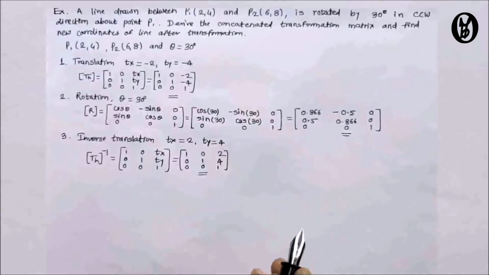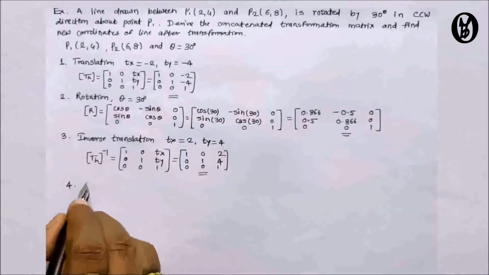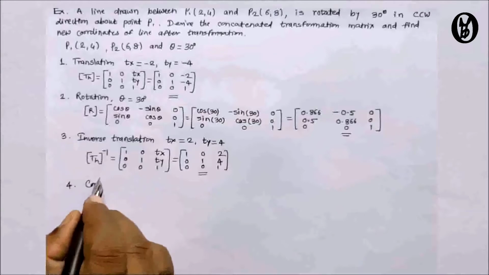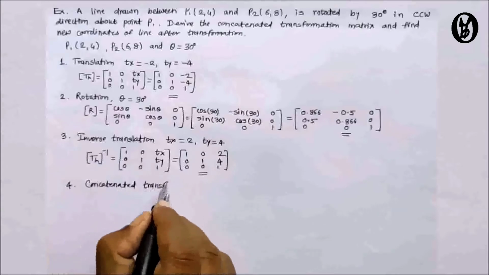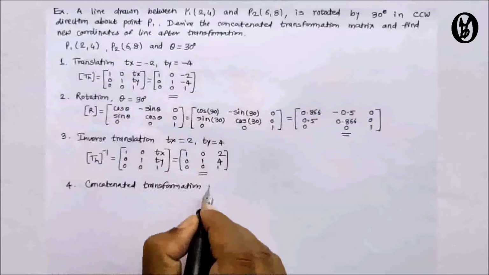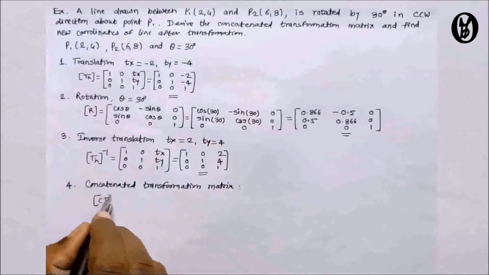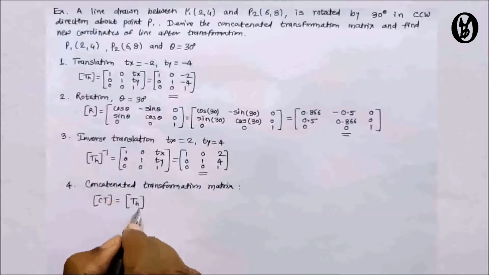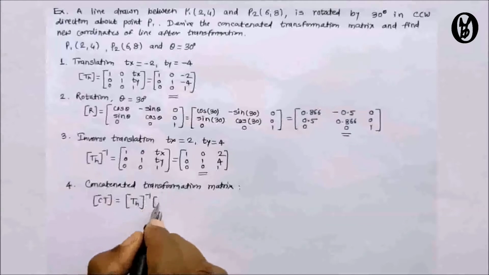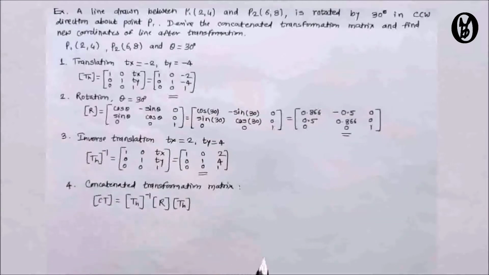By using this information, we can now calculate the concatenated transformation matrix Ct equal to the operation we performed last, so Th inverse, multiplied by rotation which we performed second last, and multiplied by the first operation Th.